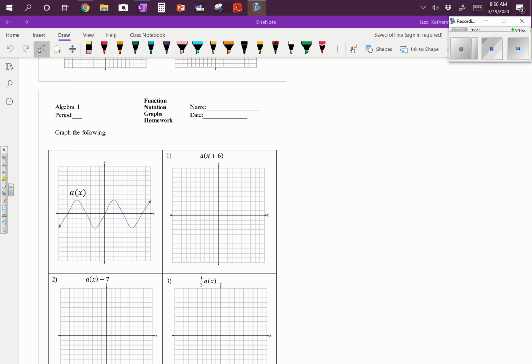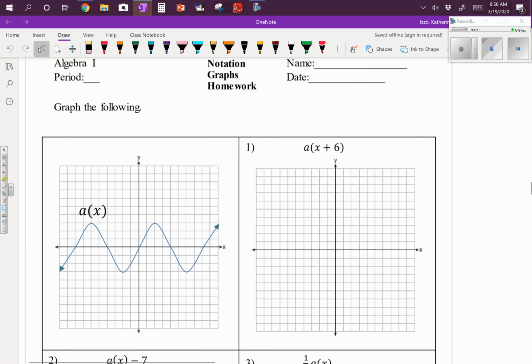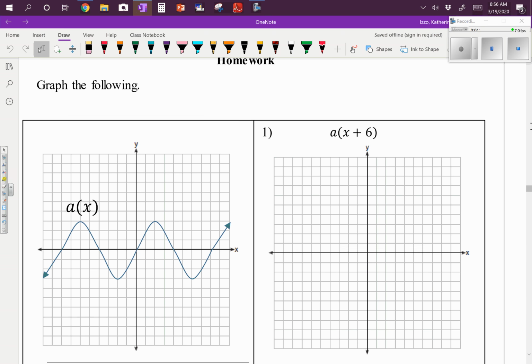All right, on to this. Let's take a look at what we have to do. The first thing that we have to do is redraw the graphs. Good job, Squirrel. So we're going to redraw these graphs.